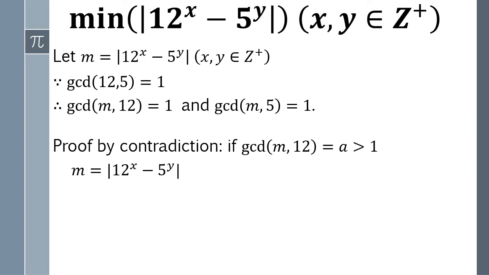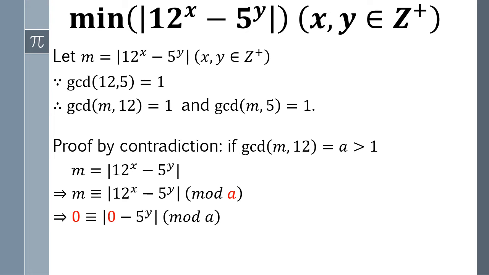And from the expression of m, if we take the modulus a on both sides, it turns into a congruence expression. Since a is a divisor of both m and 12, this congruence expression can be turned into 5 to the y's power is congruent with 0 modulo a.